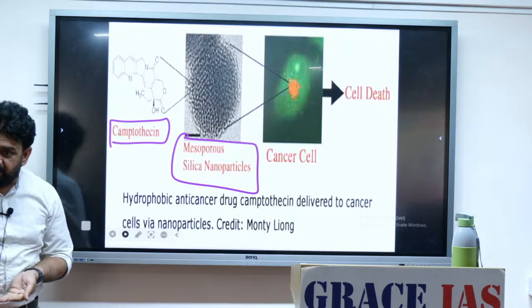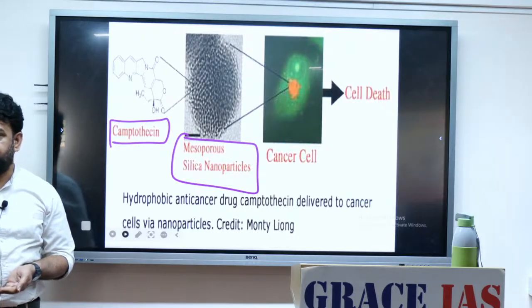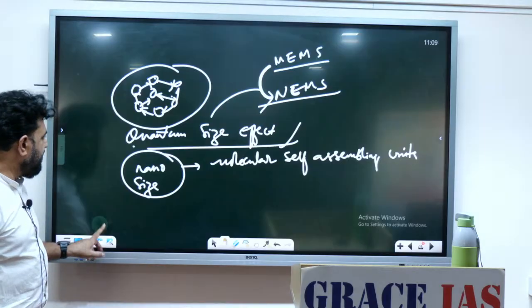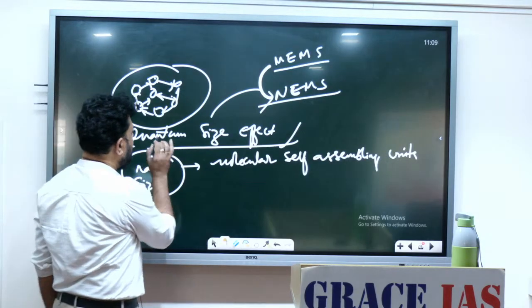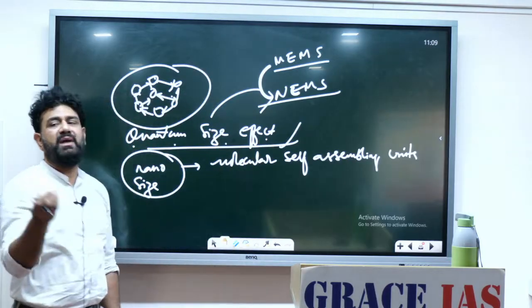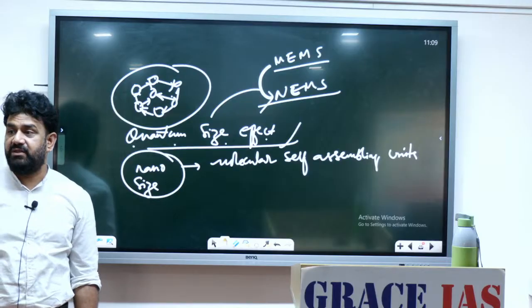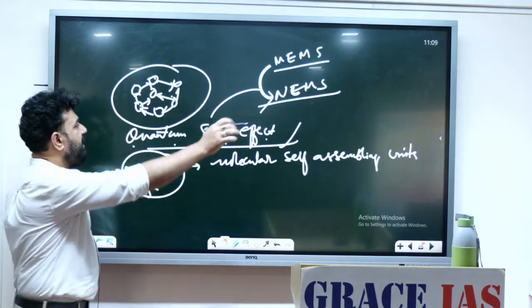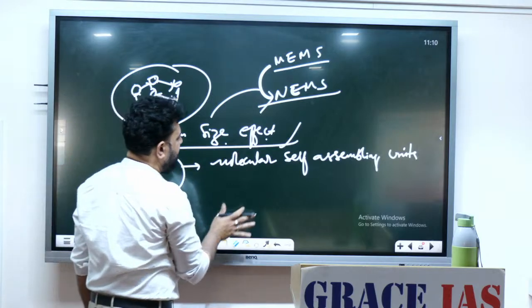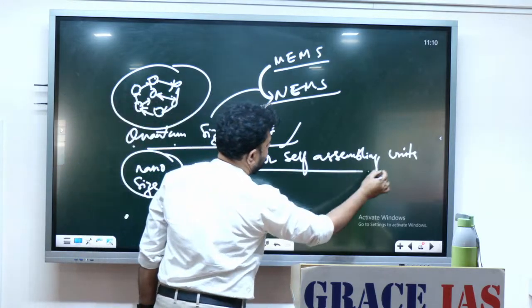If applied appropriately. You understand this? That's the idea here. Anyways, getting back, what are we looking at here? That is one application of quantum size effect. There can be many such applications. Quantum size effect is when you convert matter into nano sizes, they develop the ability of self-assembling.